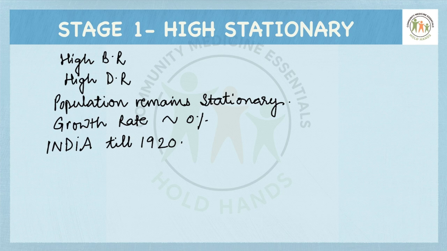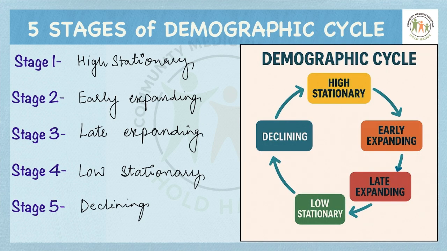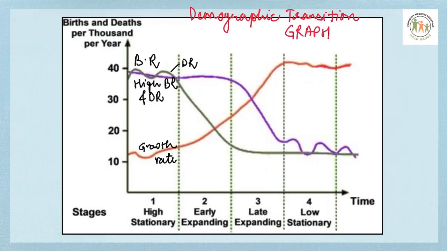Then next stage is early expanding stage. In this early expanding stage, death rate starts declining. Birth rate remains high.